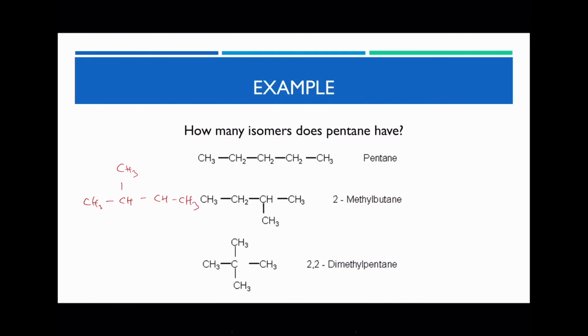If you draw something similar to this, I can confirm that this is not considered to be a unique isomer because these are mirror images of one another. So please make sure that you refer back to your actual drawing to see that you're not doubling up by drawing mirror images of one another.